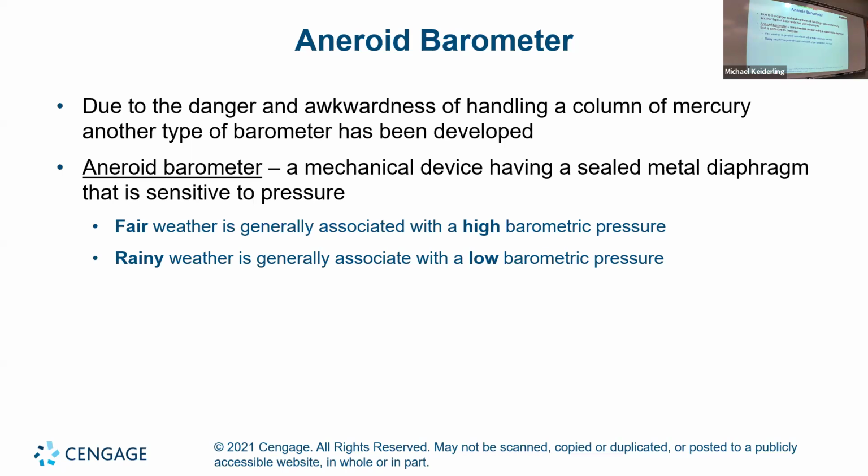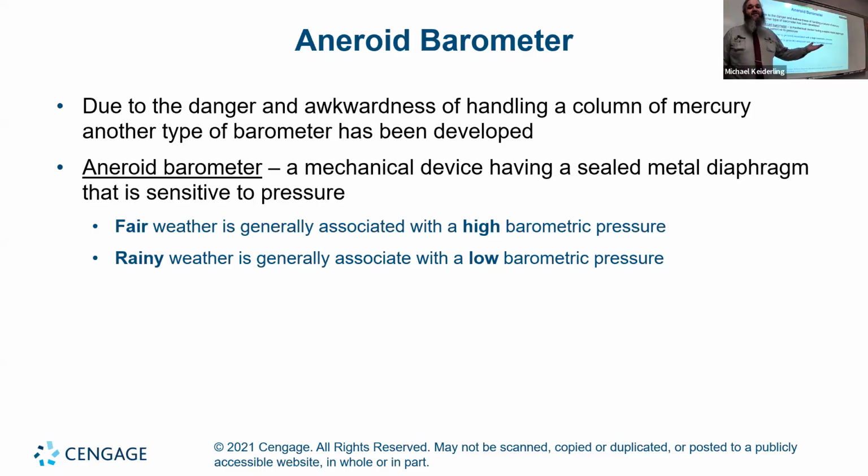It is a relatively small dial. An aneroid barometer uses a sealed metal diaphragm that's sensitive to pressure. Basically, you have a partially filled little metal box that can expand and contract, and as the pressure outside changes, that metal box will expand and contract.